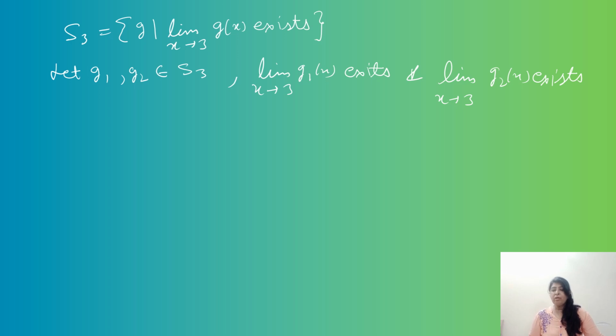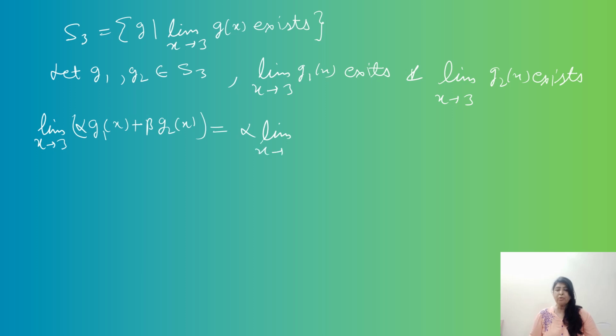Now what about the limit as x approaches 3 of alpha G1(x) plus beta G2(x)? This is equal to alpha times the limit as x approaches 3 of G1(x) plus beta times the limit as x approaches 3 of G2(x). So these limits exist, their summation will also exist.